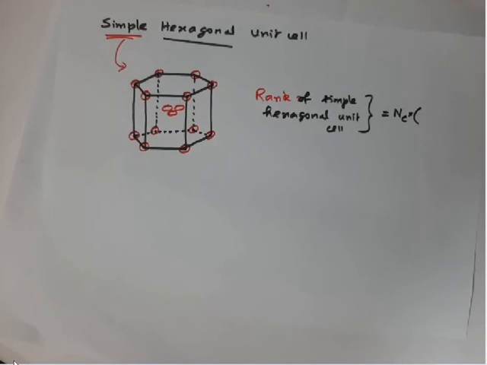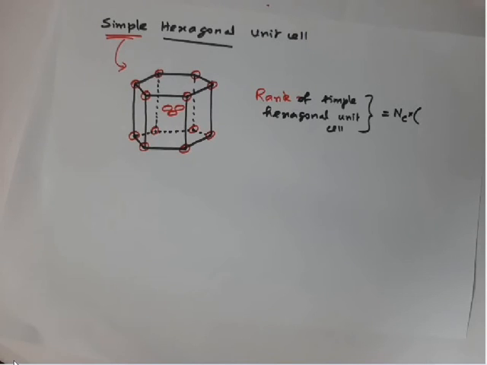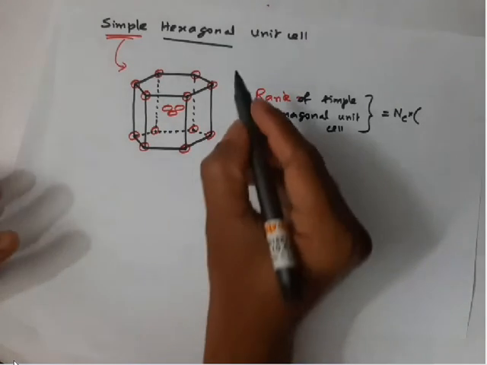In the case of a cube, each corner atom is shared by 8 unit cells. Whereas in the case of a hexagonal unit cell, just join many hexagonal unit cells like this. By imagination you can identify. One atom is shared by, suppose 4, sir.